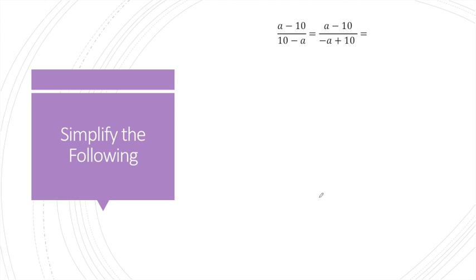Now let's take a look right here. I have A minus 10 over 10 minus A. I'm going to rewrite that because typically we like to have the variable first, okay? That leaves me with A minus 10 over negative A plus 10, okay? What do we notice about our numerator and denominator? They're different except for their signs.